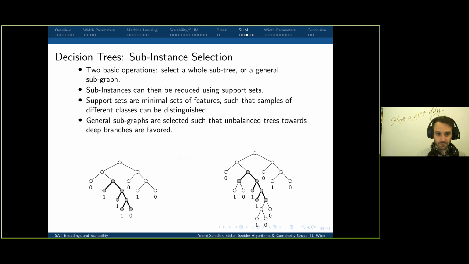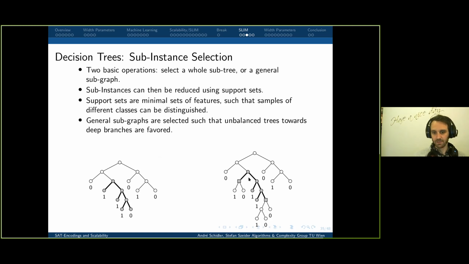Okay, how do we actually select sub-instances? We have two basic operations. We either select the whole subtree, this is what I was talking about in the first part, or general subgraphs. You see the difference here. So either I really select the full subtree, or I select a subgraph that is somewhere located in the middle of the tree. And then there are methods of how you can extract an instance from this such that you can reinsert the subtree into this spot.